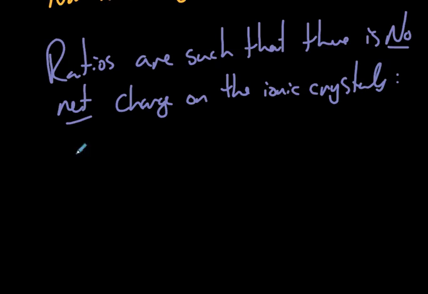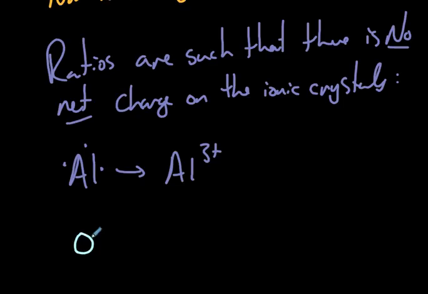So I just want to do a few examples of this. Here's aluminum. We know aluminum will form a 3+ charge. Let's say someone asks you, what will aluminum plus oxygen make? Oxygen has 6 outer electrons, so we know it's going to gain 2 to form a 2- ion. Before we were drawing arrows, and that's a proper full Lewis structure. But if you look here, you can probably come up with the proper ratio. The lowest common multiple of 3 and 2 is 6, so we're going to need 6 total positives and 6 total negatives.